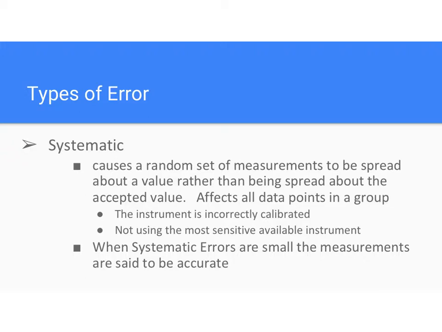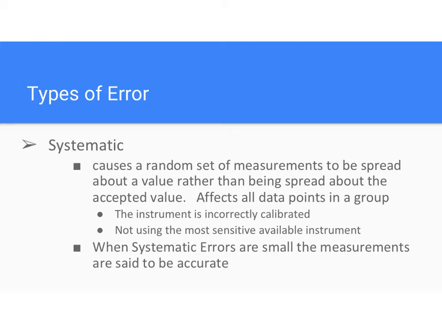Systematic errors are ones that affect your entire data set. It's your balance is miscalibrated. Your balance that you're using happens to be off by 0.3 grams. And so what that means then is that your entire set of data is going to be off by 0.3 grams. And so you might have precise data.